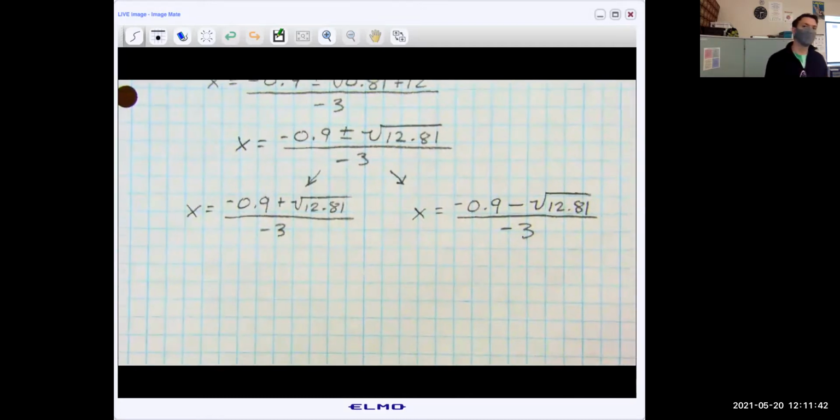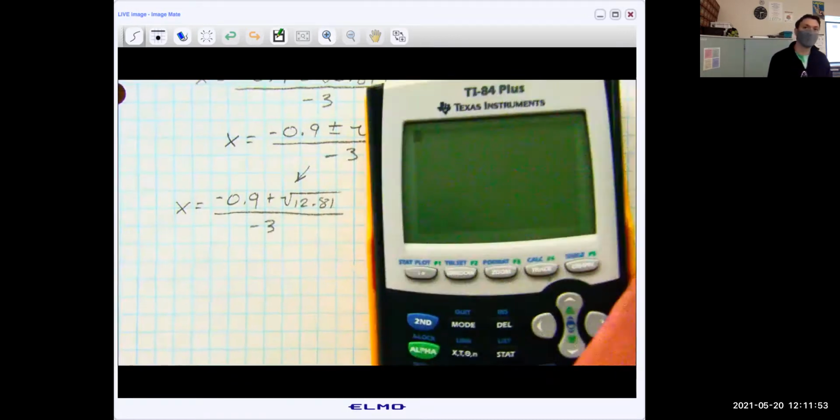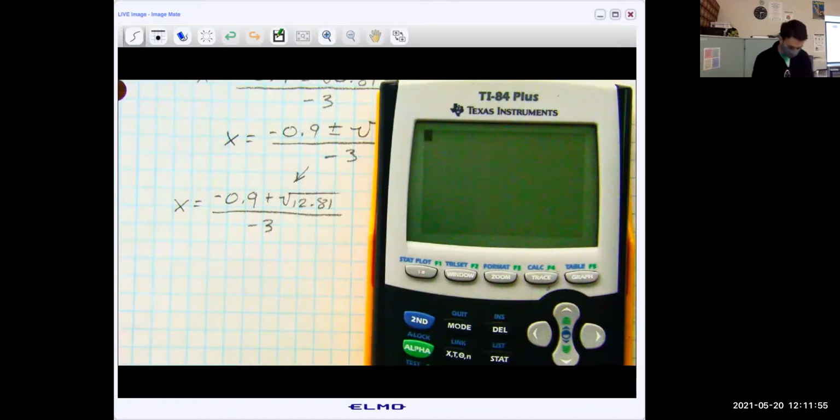Now I'm going to use my calculator to help me with this next step. Let me deal with the one on the left first. In my calculator, I'm going to plug in exactly what I have there on the paper. I'm going to go -0.9 plus the square root of 12.81. And I want to see what that is.